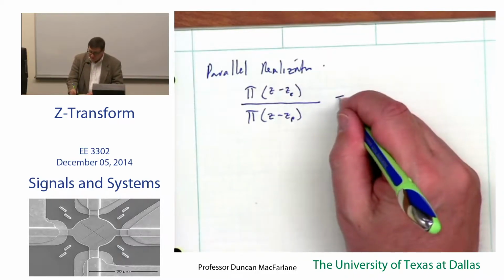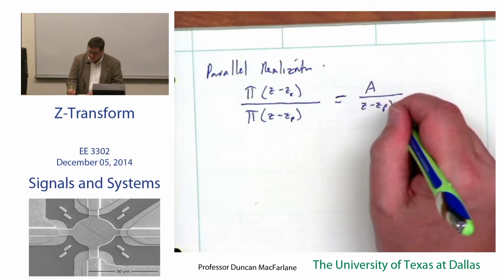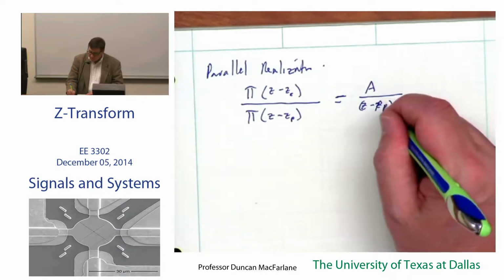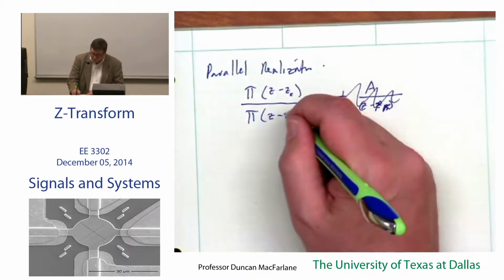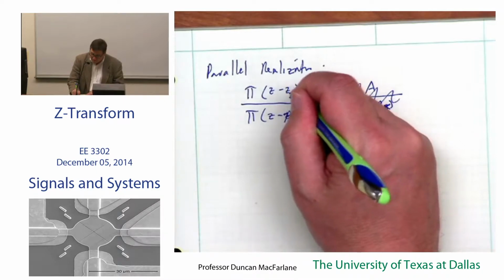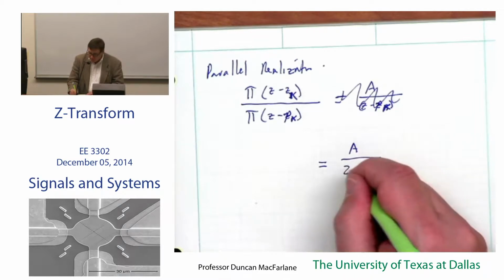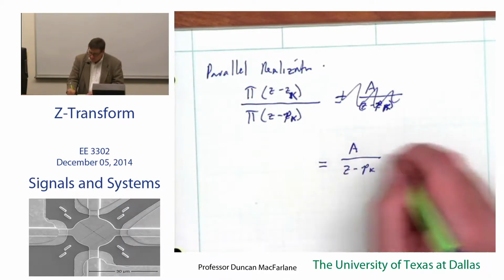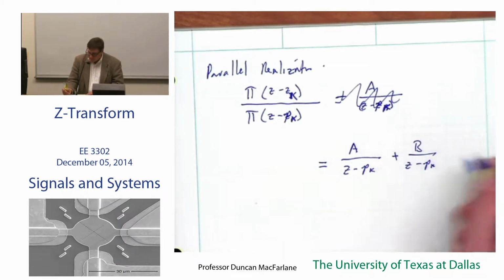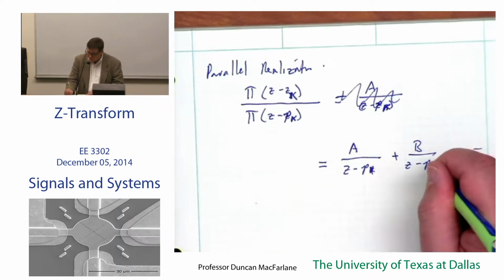And it switches. Let me write that as a P sub K, and this is a zero sub K. We won't worry too much about the zeros for now. Z minus P K plus B over Z minus P, P1, P2, and so on and so forth.